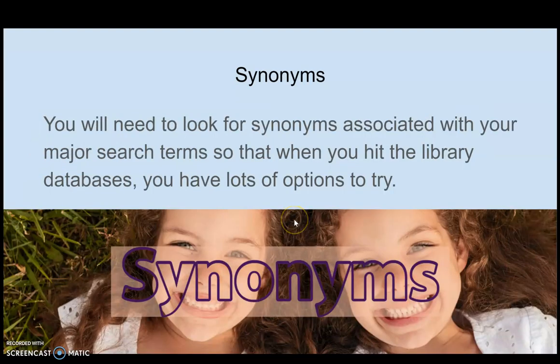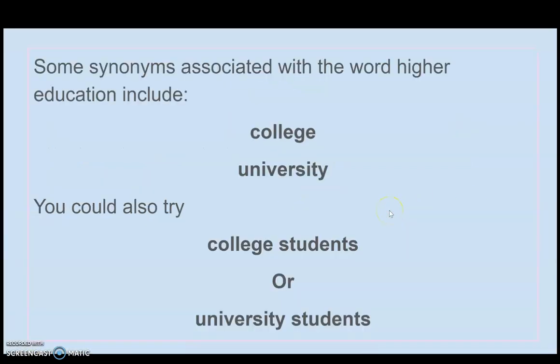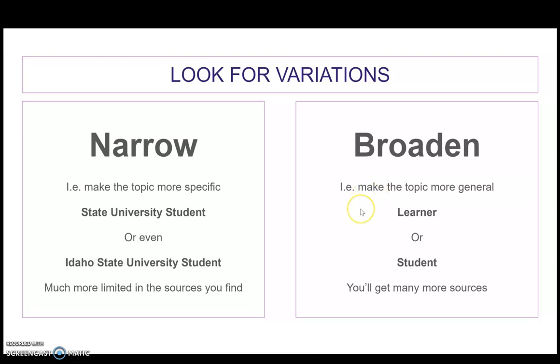I'm interested. The next thing you'll want to do is start looking for synonyms associated with your search terms so that you have a lot of options available to try. Synonyms related to students would be to add in higher education elements like college or university, college students or university students.